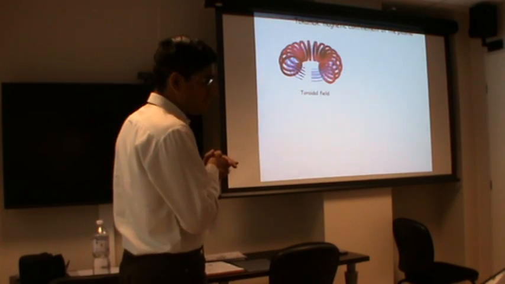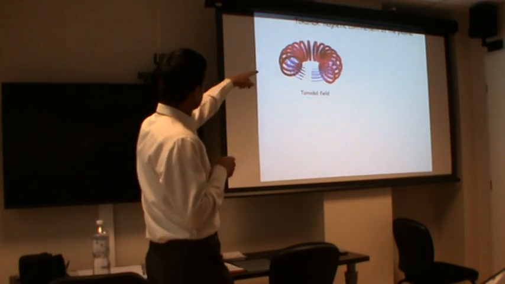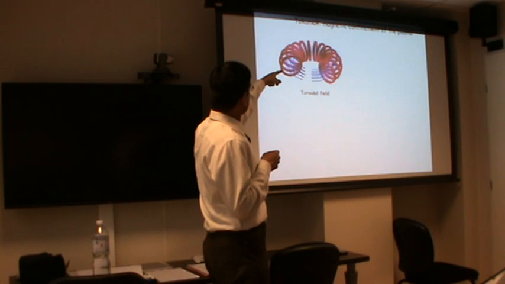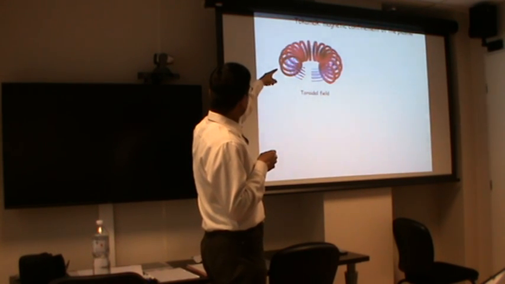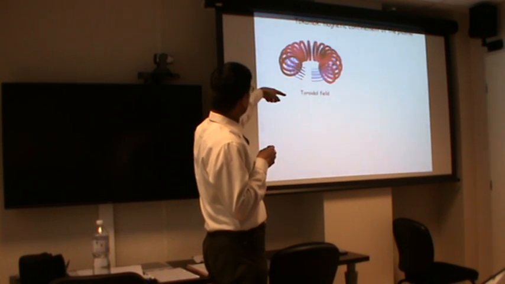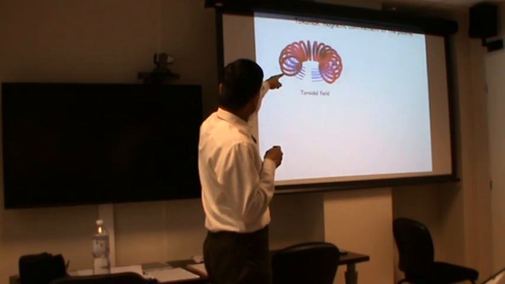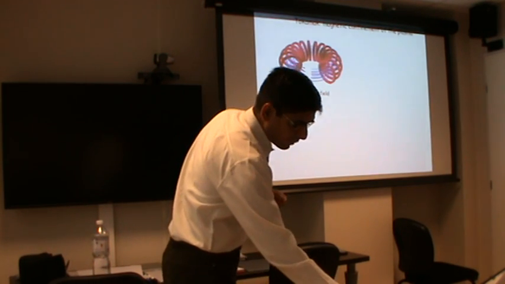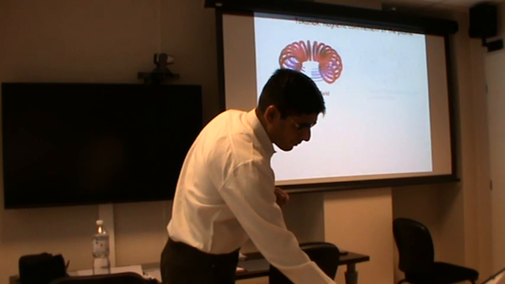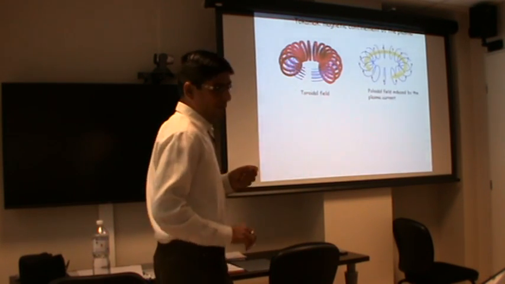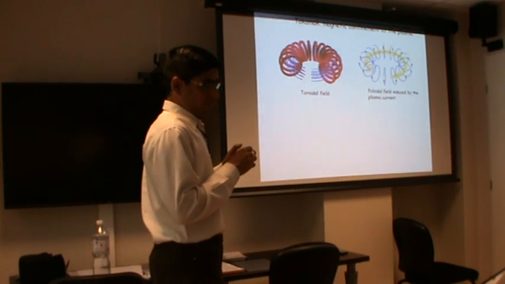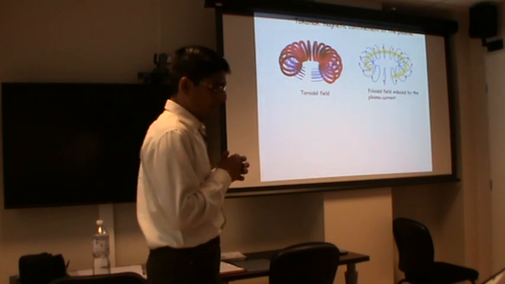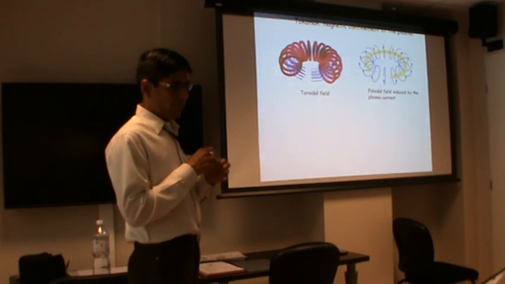There is a certain set of coils called toroidal coils, and these coils generate the magnetic field called the toroidal field. The direction of the magnetic field is shown here. This is one set of magnetic field. Another set of coils is called poloidal coils, and they generate the poloidal fields.